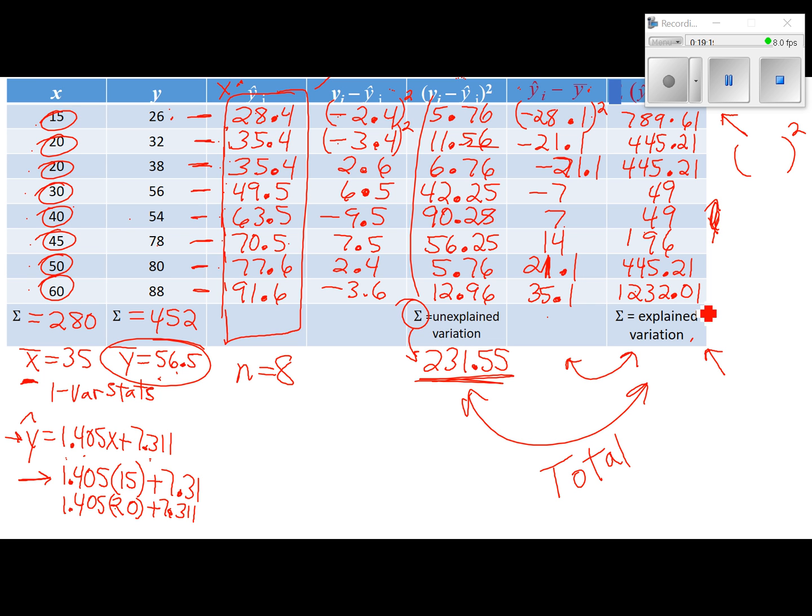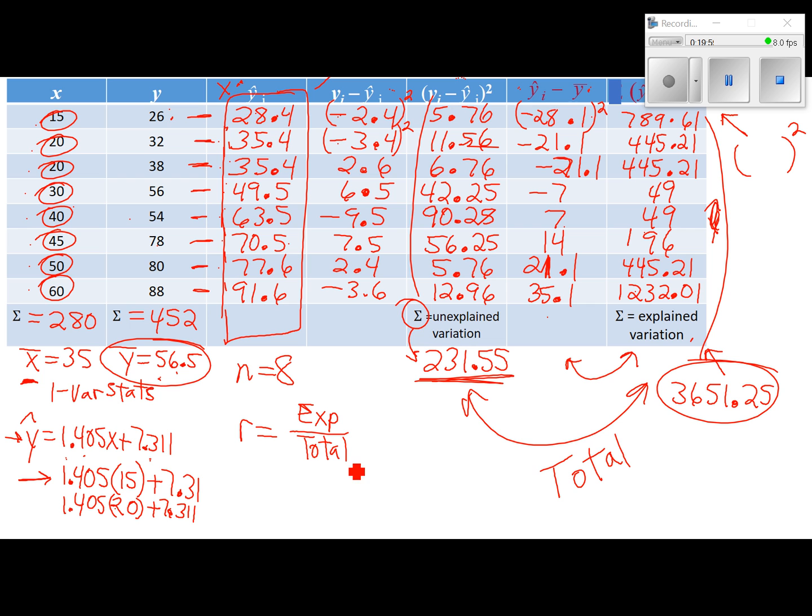Once I have all that, I'm just going to add up this whole column right here, find the sum of it, and I've done that already, and it was 3,651.25. That's our explained variation. And again, if we wanted to find R, we could take explained variation over total variation, and that should give us what R is, just another way to find R. Probably would never do that again because you can do it on your calculator.